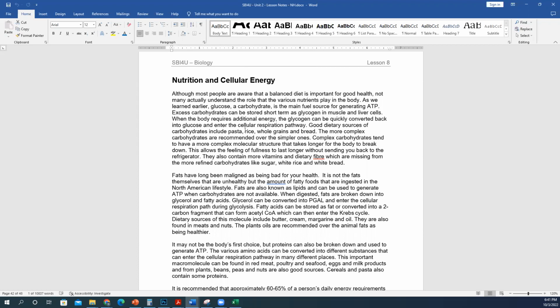Fats, also known as lipids, can be used to make ATP. That's another way that your body can generate ATP when carbohydrates are not readily available to the body.